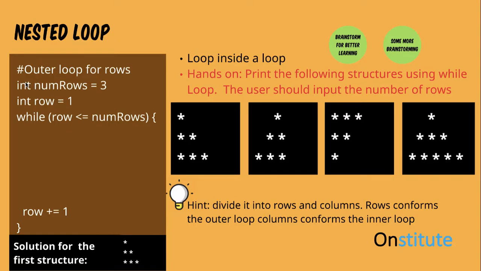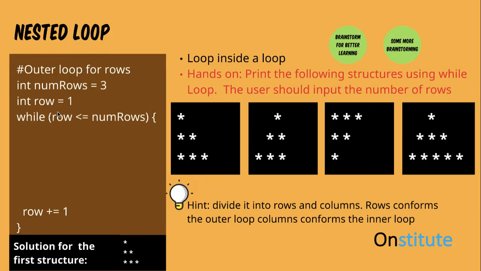Now let us see this example. Here I have initialized the total number of rows as 3. As you can see in the picture, there are 3 rows. Next, I have initialized a loop control variable called row, and I have initialized it to 1. It is basically depicting each row of this triangular structure.